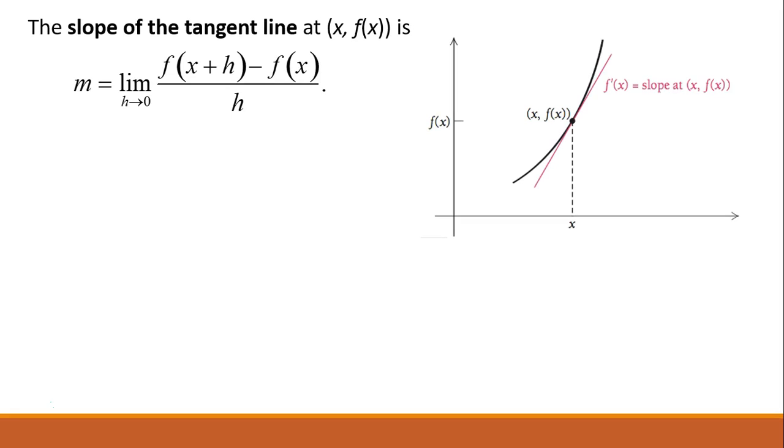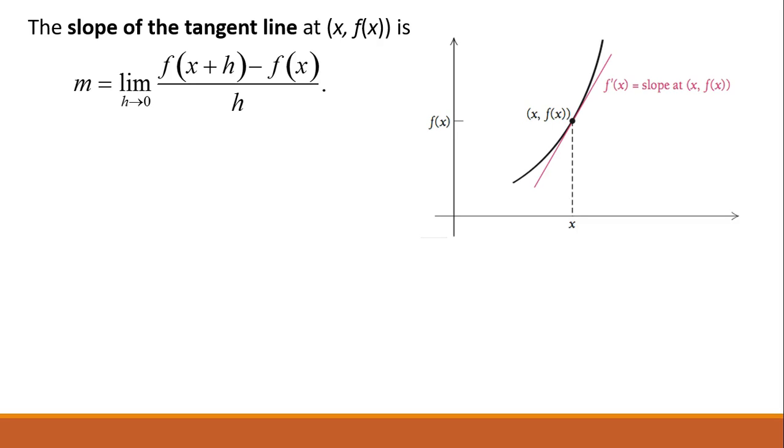So to find the slope of the tangent line, what we'll do is use our difference quotient that we use to find the slope of a secant line. But this time what we're going to do is take the limit of that fraction as h approaches 0. Remember, h is the distance between the x-coordinates of the 2 points on our secant line.